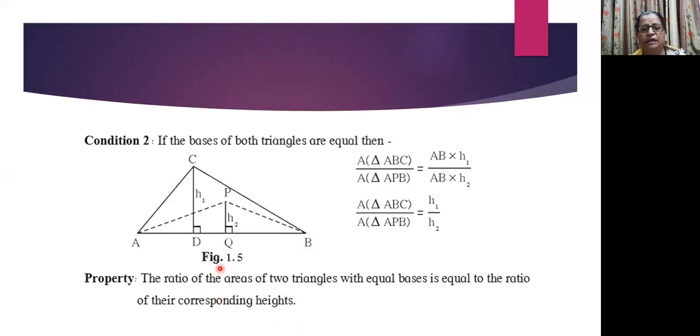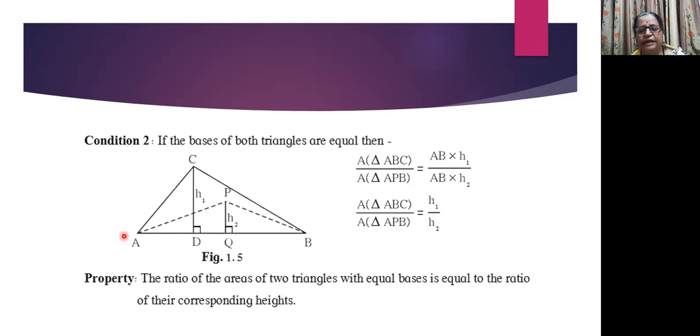Next, another condition we are going to study. See here, there are two triangles. If the base of both the triangles is equal, then in this triangle, triangle ABC, and the other triangle, APB, see that AB is a base common to both the triangles.